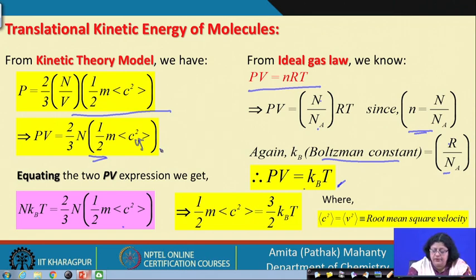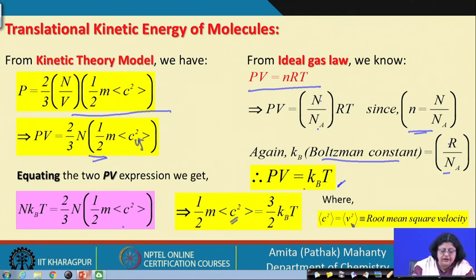Now, if you look into this very closely, this c is the root mean square velocity, which is represented in terms of Vx, Vy, Vz.